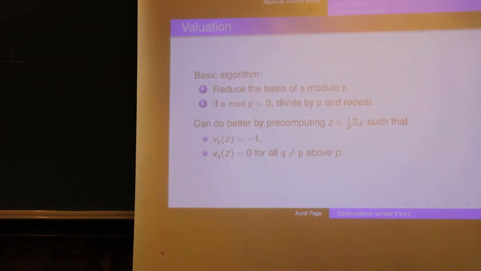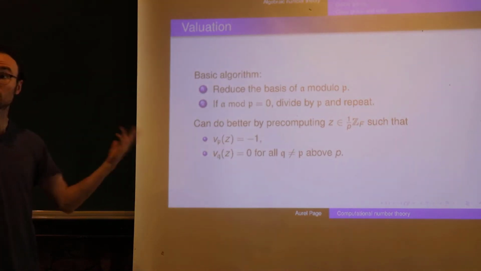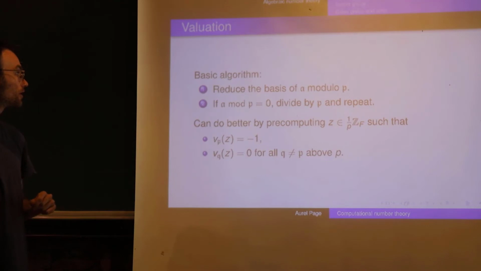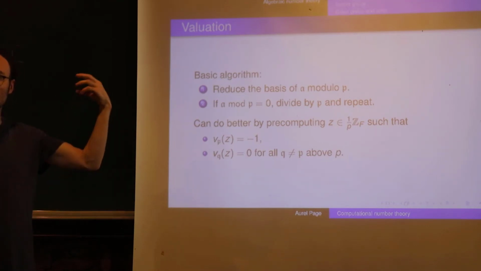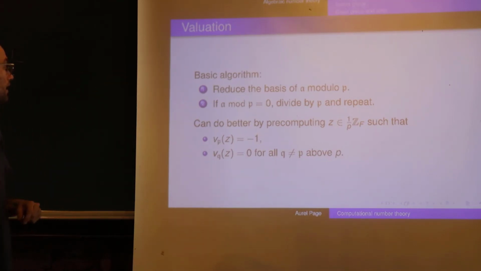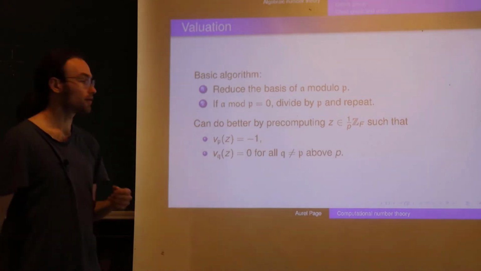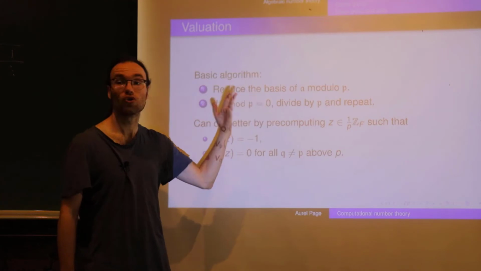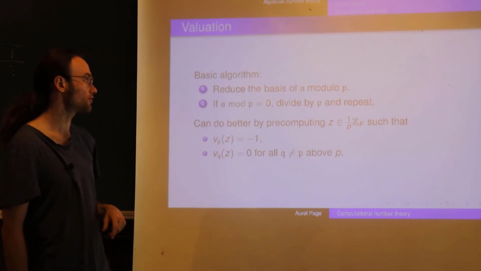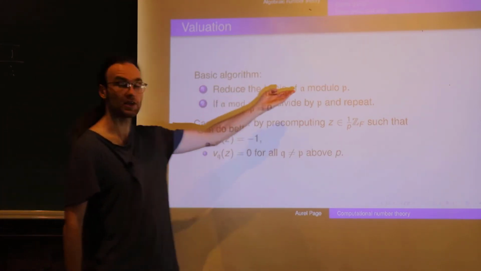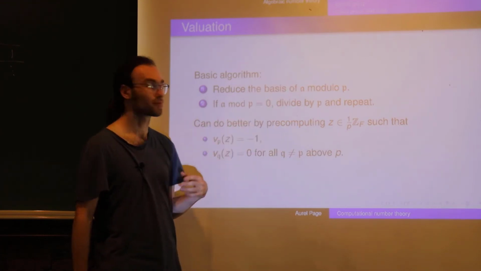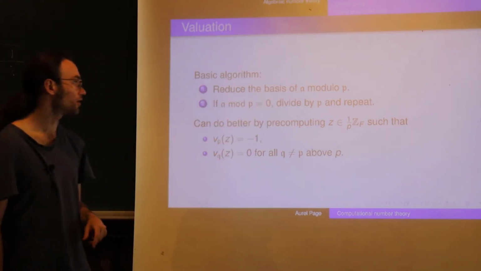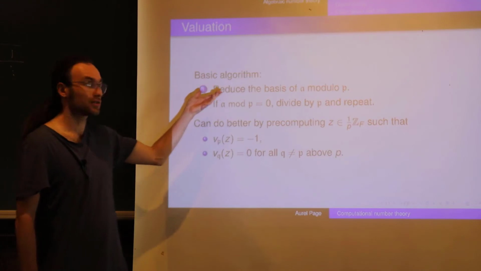Okay, now we know how to find the prime ideals that divide your prime number. And so we want to find the actual exponent that appears. And this is actually relatively simple. We can simply reduce the whole basis of A, or a set of generators if you have generators, modulo P, because now we know how to obtain the residue field of P. And we check if that's 0 or not.